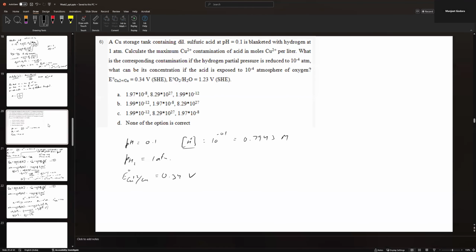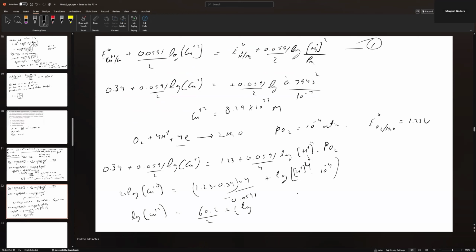Plus, if I take it as 1 atmosphere, then this becomes 10 to the power minus 4. 30.1 plus minus 2, 28.1, plus 27.9.